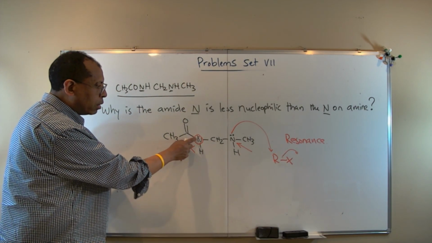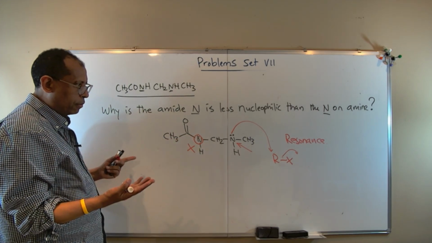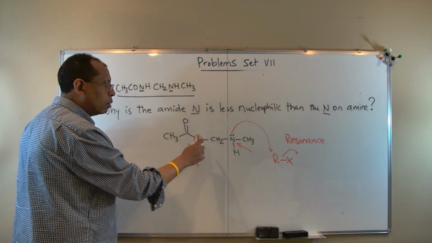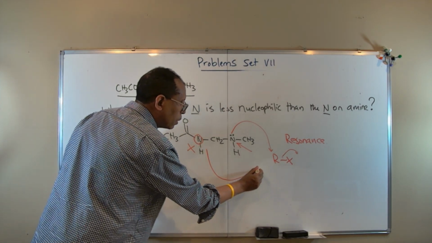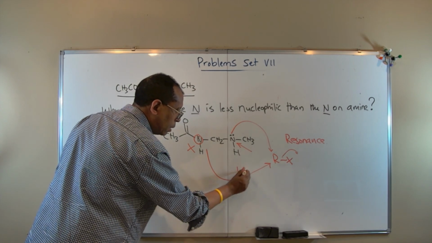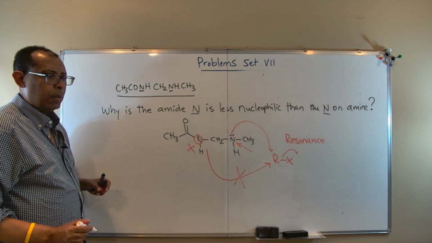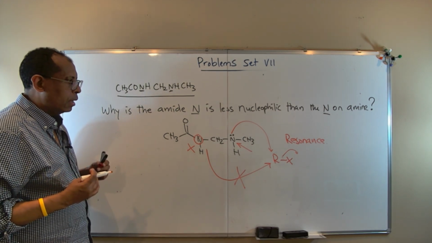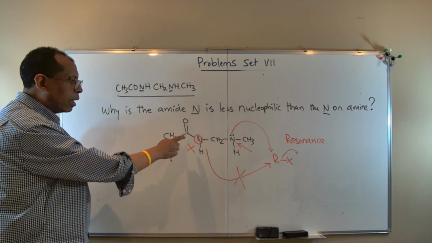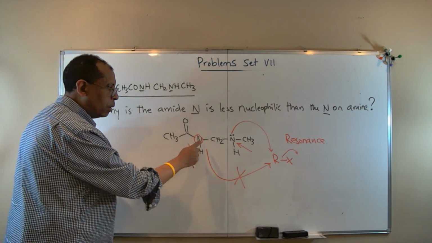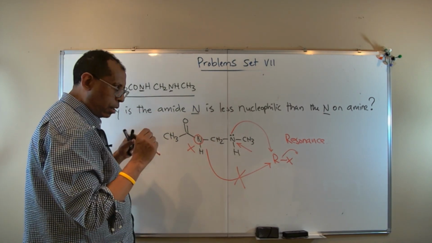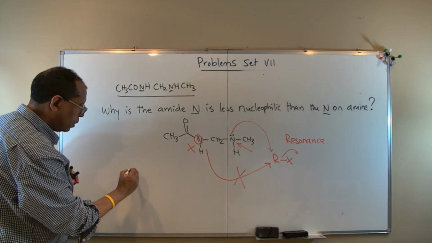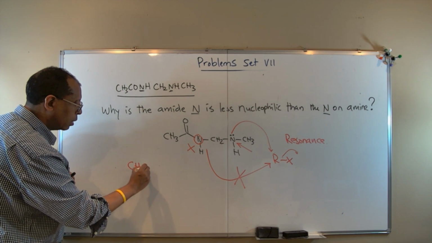But this lone pair of electrons, there are two of them, they look like the same lone pair, but they cannot do this. They cannot do that. Why are those lone pairs less nucleophilic? The reason is they are not available like these ones. They are not available because in this structure, let me rewrite it again.